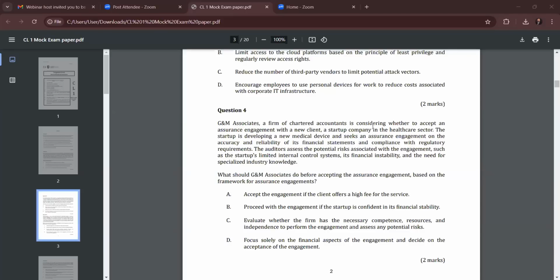What should G&M Associates do before accepting the assurance engagement based on the framework for assurance engagements? Students, for this startup, with projected and forecasted incomes, generally what sort of assurance can you provide? What assurance can be given for this? Is it reasonable assurance or a limited assurance review engagement? What sort of assurance can you provide?